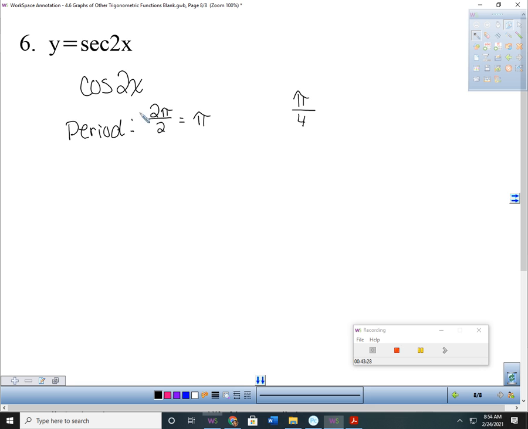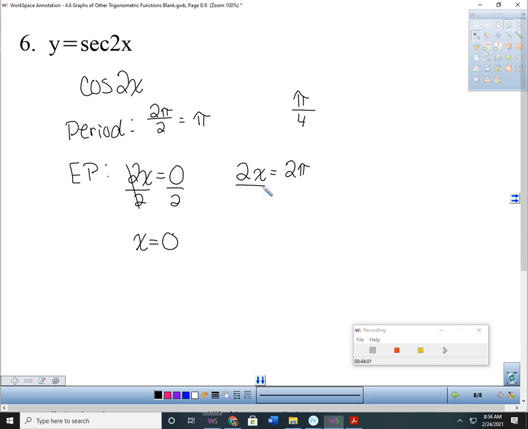All right, so for your end points, you're going to take what you're taking the cosine of, which is 2x, and set it equal to 0, and also set it equal to 2 pi. So I divide by 2. That didn't change the left side at all, right?